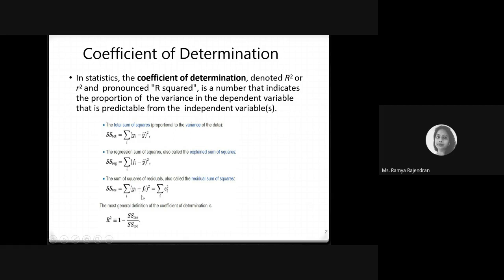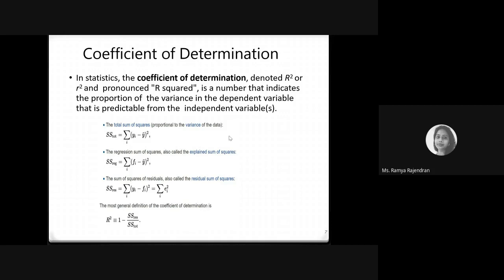That is, the variance which will not be explained by the model can be called an error or a residual. The sum of squares of residuals is the deviation of your predicted value from the actual value, which is your error.